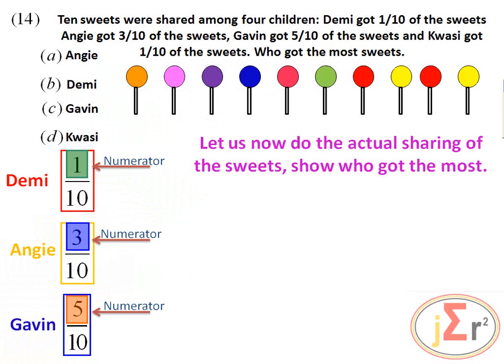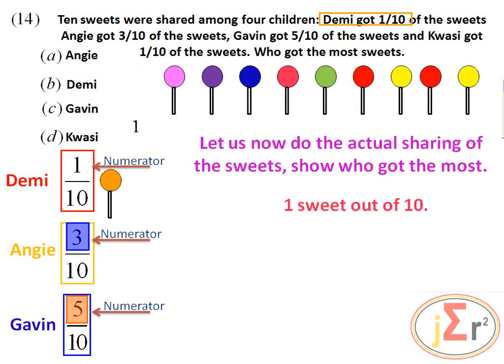So there we have the fractions with their respective numerators. So 1 sweet out of 10. Three sweets out of 10.